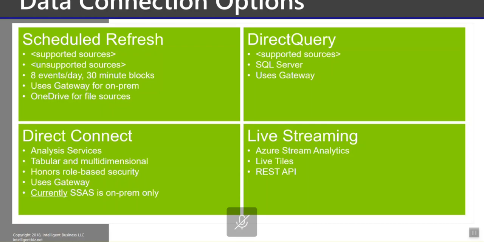And you can literally serve thousands of users that way. The scheduled refresh options are a little more attractive as well, because we can actually refresh up to 24 times a day in 30-minute blocks, and the file size limitations are actually much higher. So scheduled refresh using a cached data model is actually a very viable option, even in the enterprise.